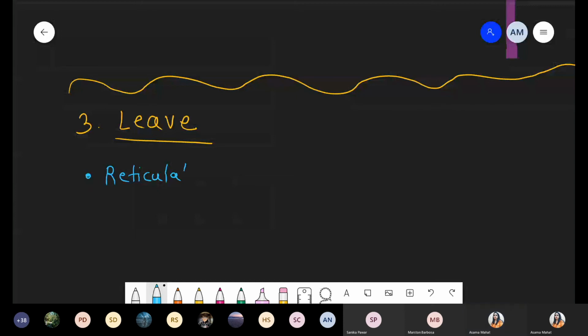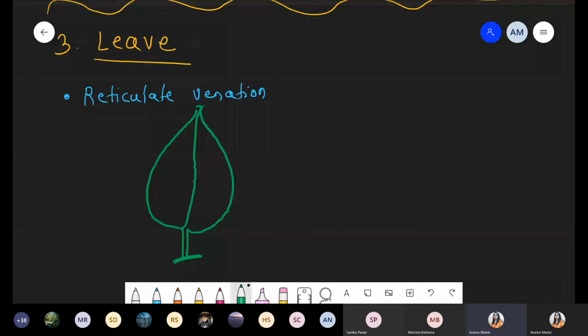Simply, these are the structure of the leaf. If you observe a leaf very carefully, inside this leaf there is a presence of many veinlets. We know the midrib is present, veins are also present. But now these veins are present in a reticulate manner like this. All the veins form a network.